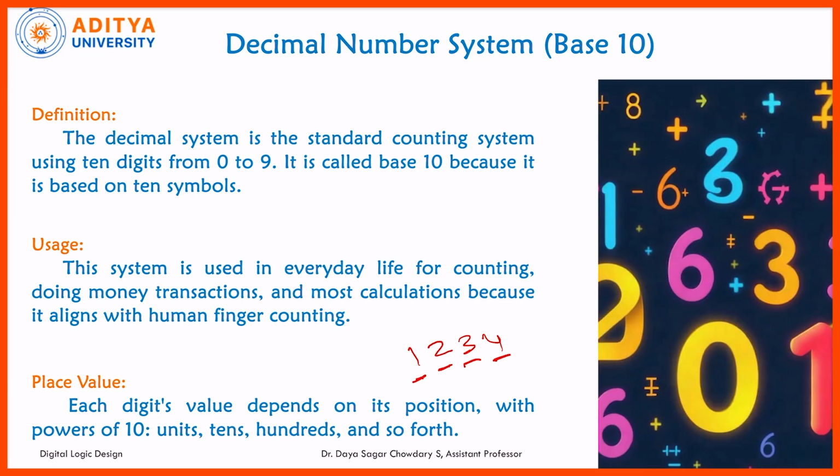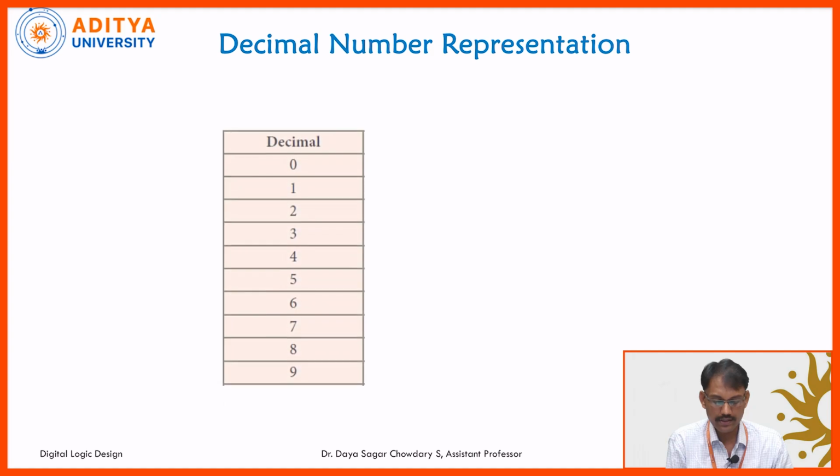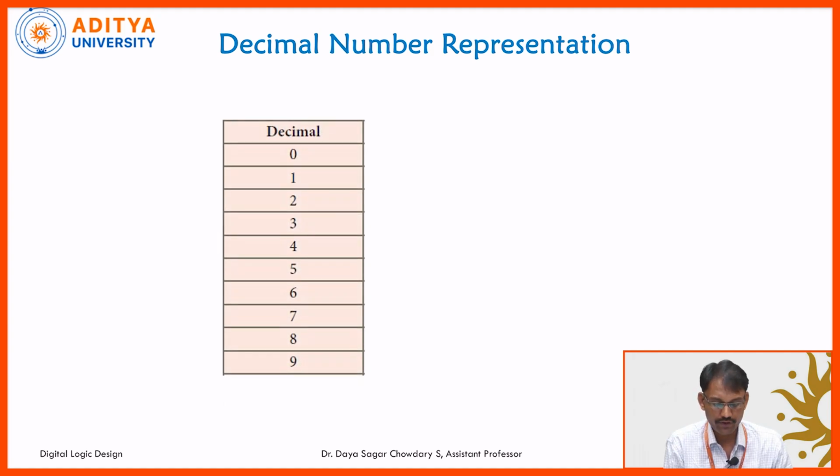What are the numbers it contains? We know already, from 0, 1, 2, these are the symbols. In decimal, from 0 to 9, these are the symbols: 0, 1, 2, 3, 4. After 9, we need to increment. From 0 to 1 there is only one increment, from 1 to 2 another single increment, and from 2 to 3 again one increment.